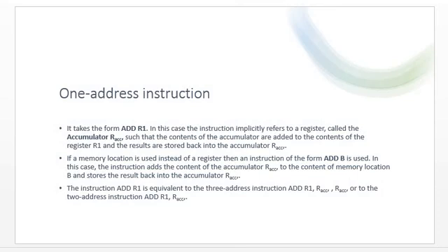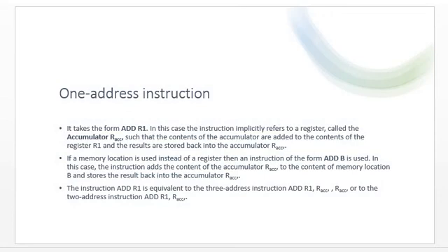Then the one address instruction, it takes the form add R1. And in this case, the instruction is clearly stating that R1 refers to a register, and the register is called what? Accumulator. So the contents of the accumulator are added to register 1, and the result is stored where? In the accumulator.